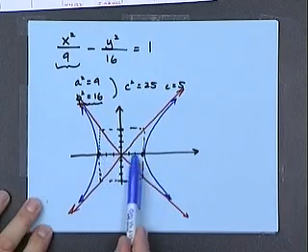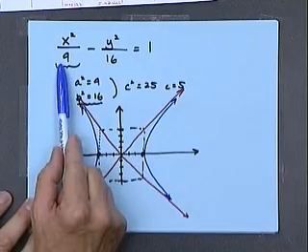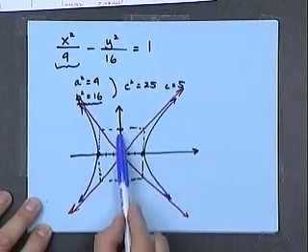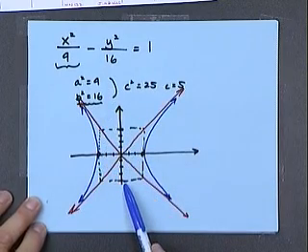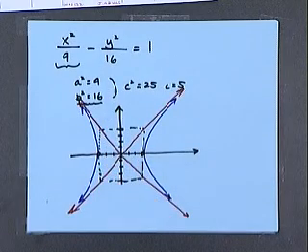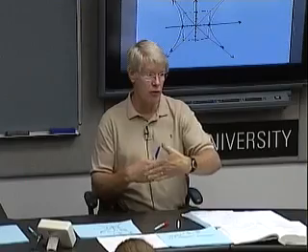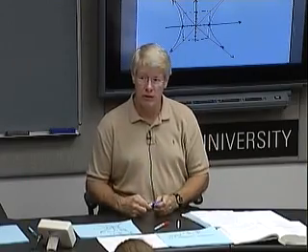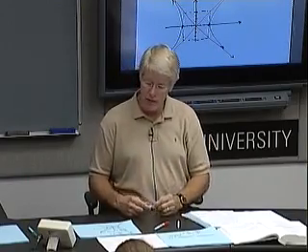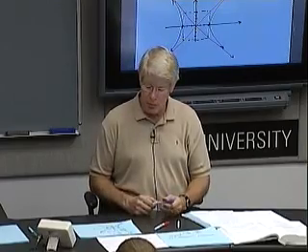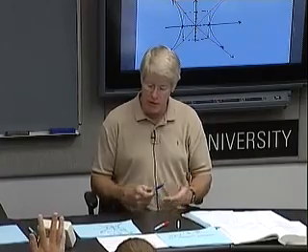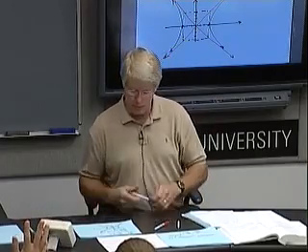So the transverse axis is on the x-axis because the x term is positive. This conjugate axis, where I came up 4 units and down 4 units because b was 4, helps us to draw some asymptotes that serve as kind of guides for each branch of the hyperbola. So the set of points that are blue comprise the actual points on the hyperbola.